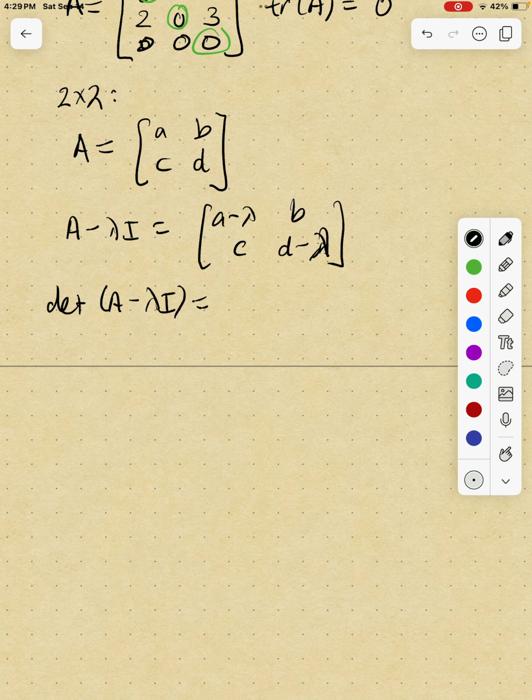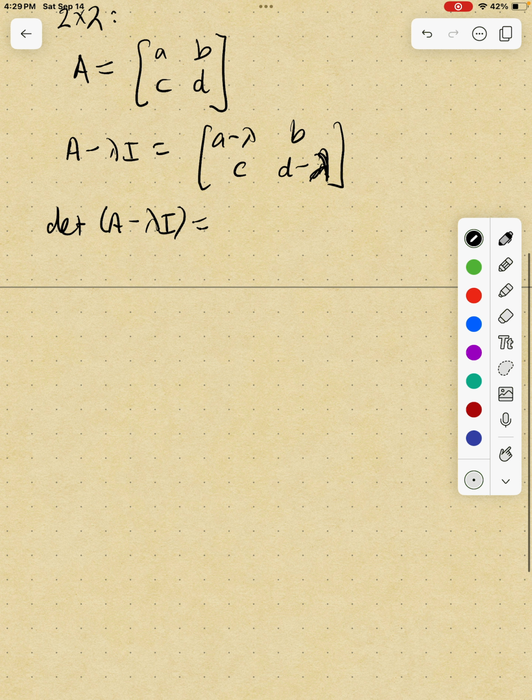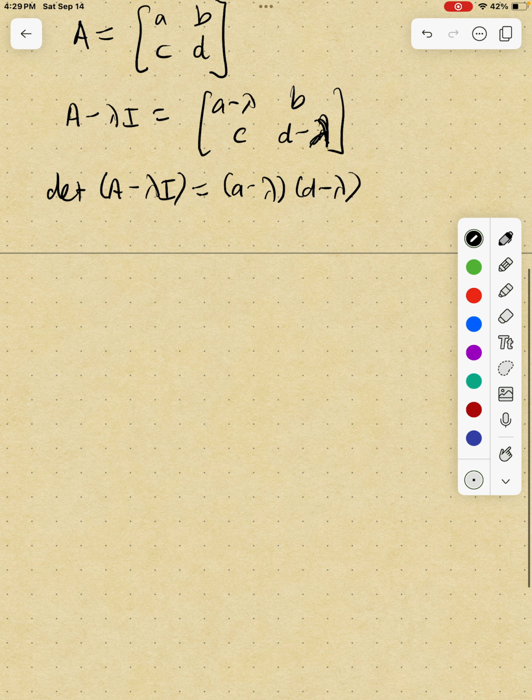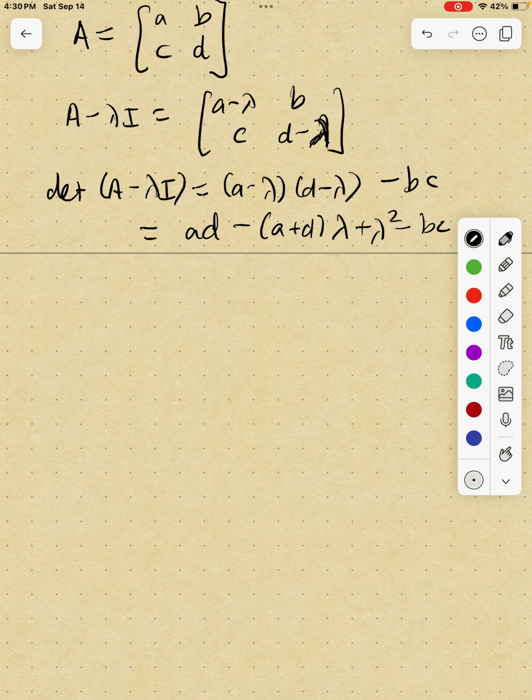There's a formula for this, but if you don't remember the formula, you can just compute this out. It's a minus lambda times d minus lambda minus bc, and then this is ad minus (a plus d) lambda plus lambda squared minus bc.